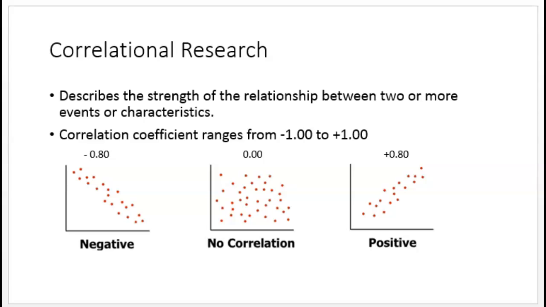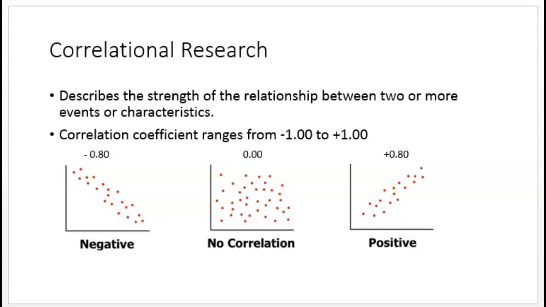Then there's correlational research. With correlational research, you're just getting a sense of the strength of the relationship between two or more events or characteristics. So you're just seeing whether or not one thing tends to be accompanied by another thing. That does not mean that one thing causes the other.